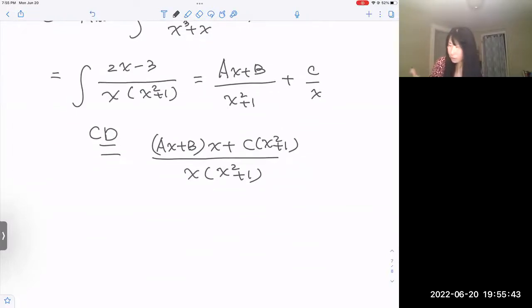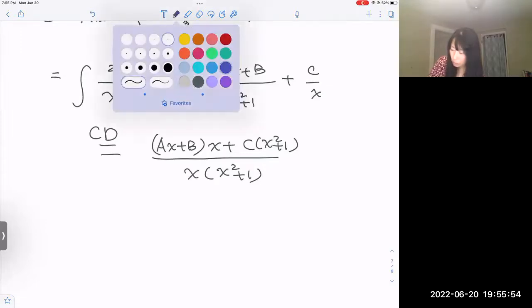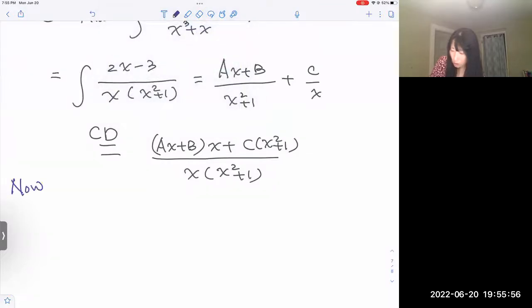Okay, so we set the numerator equal to the numerator on the right side. So we have 2x minus 3 equal to, I am just writing down first, and distribute.